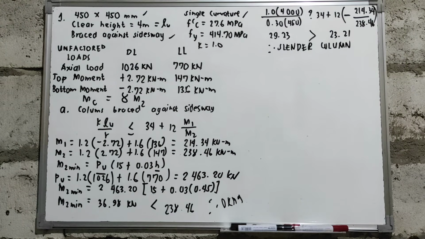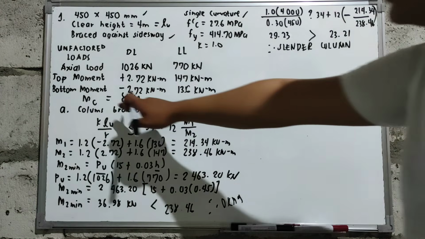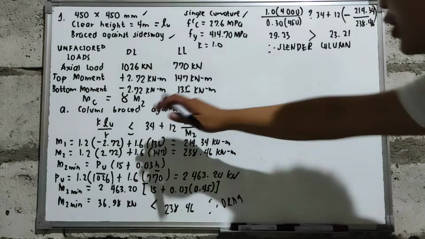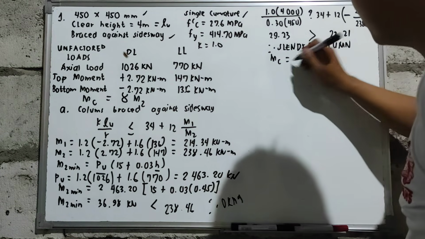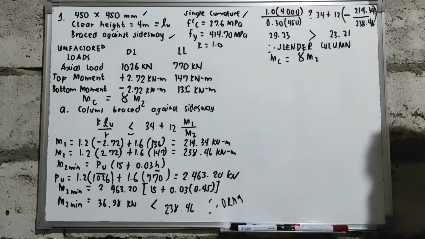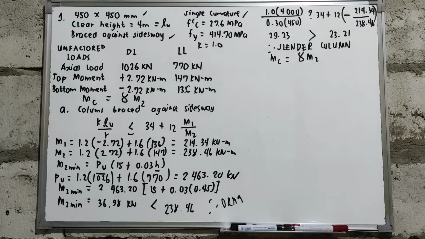So, after natin ma-compute na slender yung column natin, let us now solve for the value of your magnified moment. So, since slender yung column, yung magnified moment natin, that is yung magnification factor multiply by M sub 2.